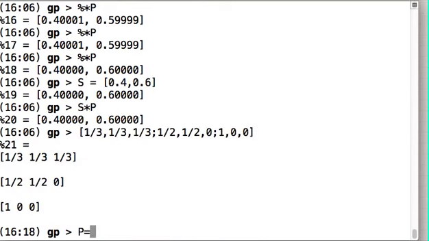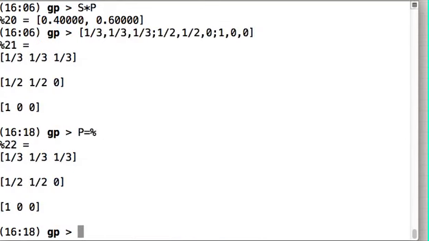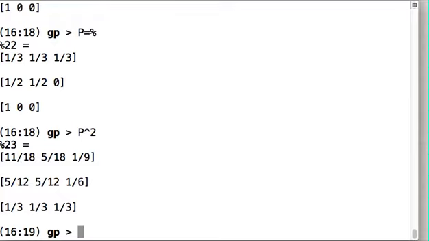Now let's call this P. So this does not necessarily look like it's going to be regular. I can't tell because when I look at it, I see a 0 here and 2 zeros here. But what happens when I take P and square it? When I square P, everybody suddenly has non-zero entries. All of these are positive entries.